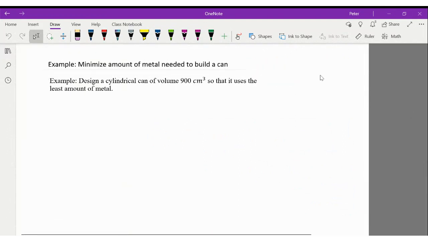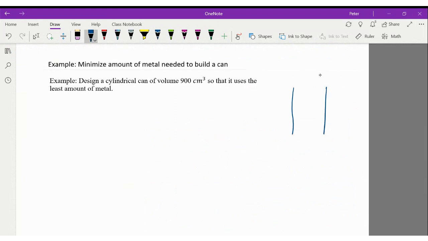Okay, so let's design a cylindrical can of volume 900 cubic centimeters so that it uses the least amount of metal. I know you all know what a can looks like, but just to be clear, the can looks like this and actually includes its top and bottom.